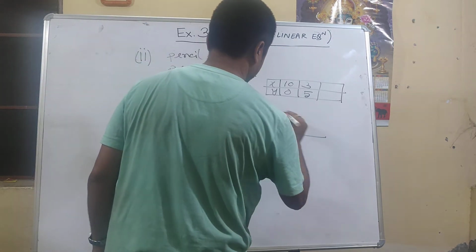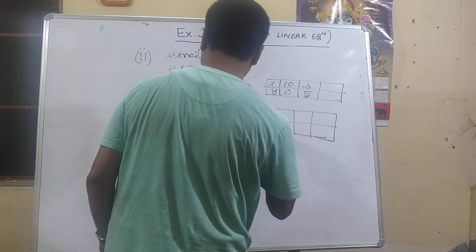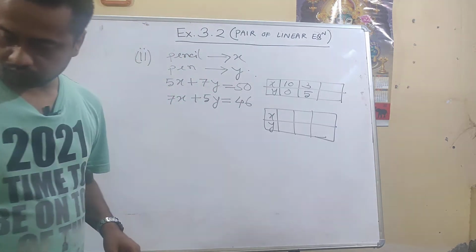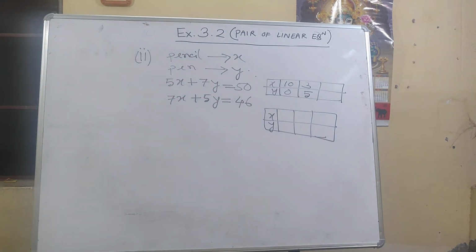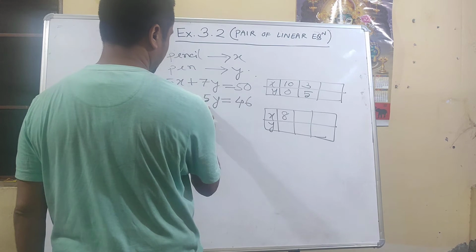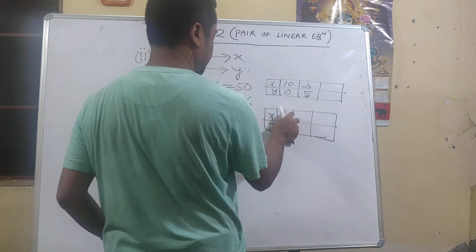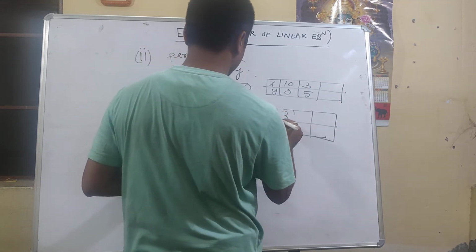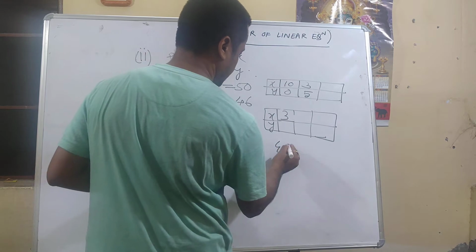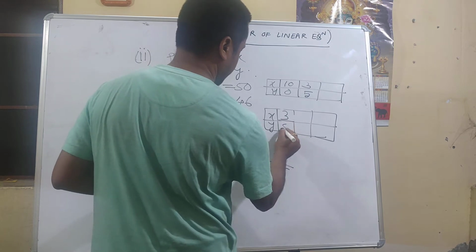And for the second equation, x comma y. Suppose x is 3, then 21, 46 minus 21 is 25, so y is 5.